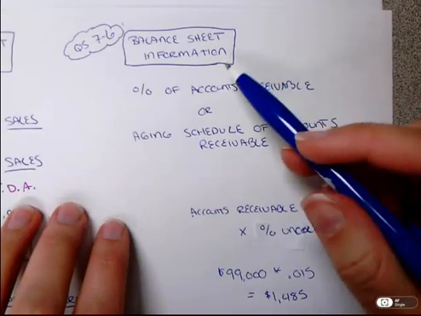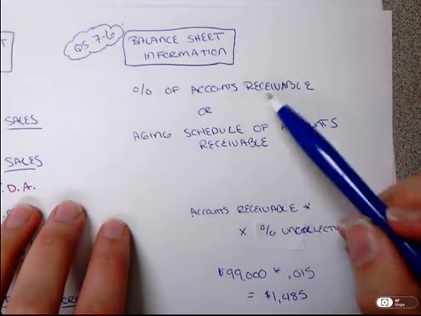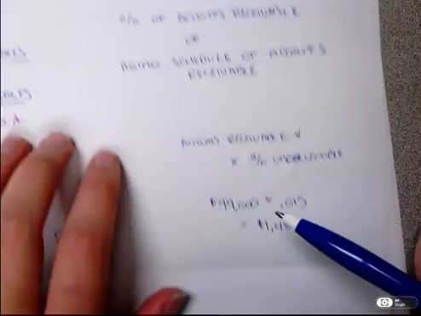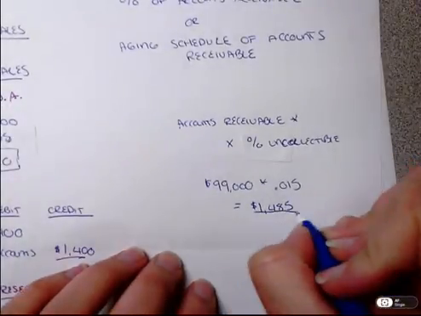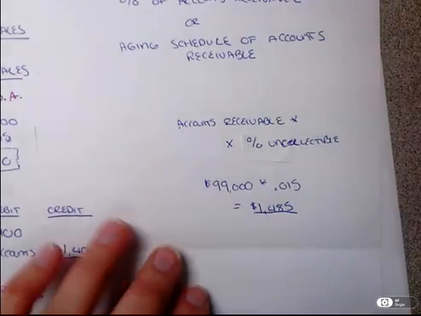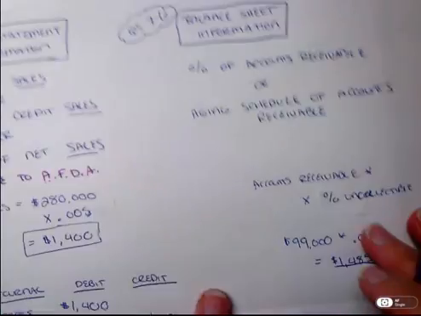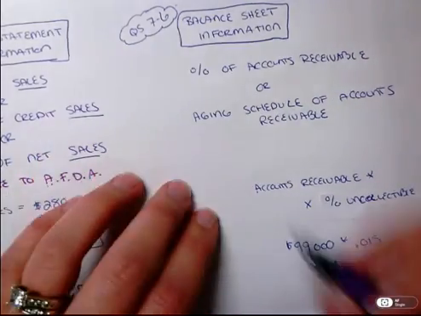Okay, now this method that we're looking at, this balance sheet information method, using the percentage of accounts receivable or the aging schedule, is different than the one we just looked at. Because whatever we come up with for the estimate, that needs to be the ending balance of the allowance for doubtful accounts.